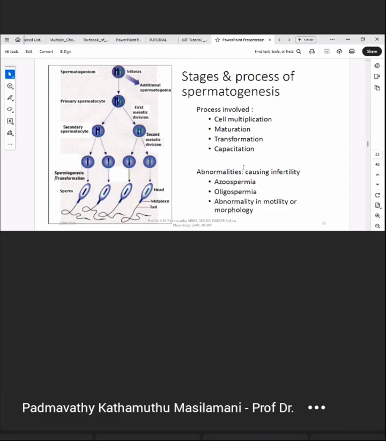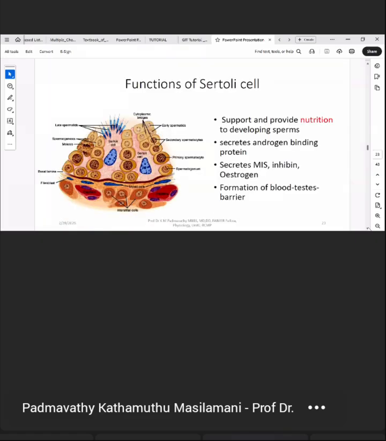Usually, the capacitation or the maturation of the sperms will take place in the body of epididymis. So only the maturation will be occurring in the body of epididymis. The seminiferous tubules are involved in spermatogenesis. So after that, the maturation will occur in the epididymis.